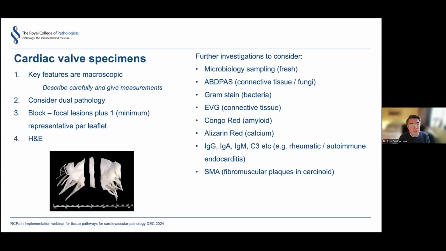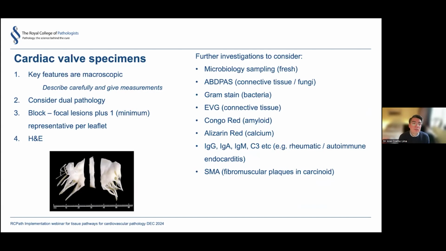The next section of the guidelines dealt with cardiac valve specimens, which are relatively common. For those specimens, one should note the key macroscopic features, so provide measurements of the leaflet or leaflets that are submitted, and also describe carefully the external appearances.